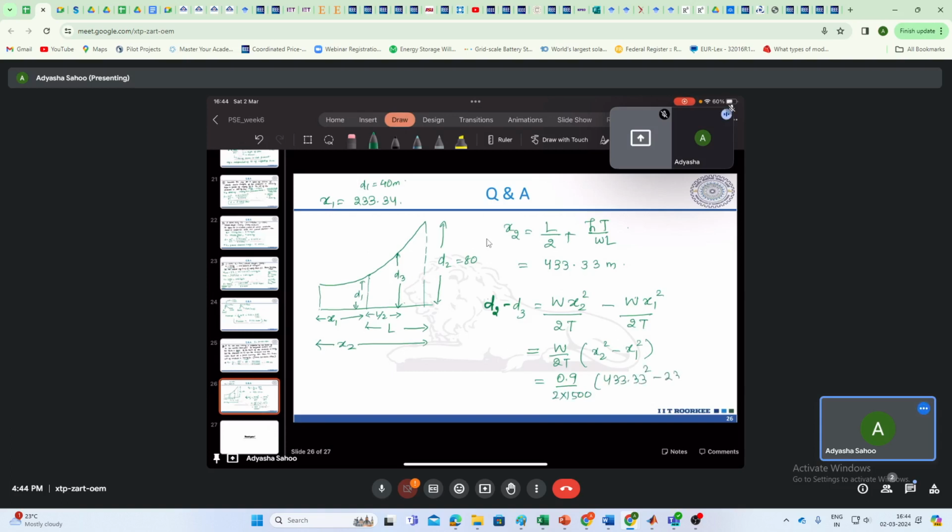This is 233.33. 0.9 into 433.33 square minus 233.33 square.